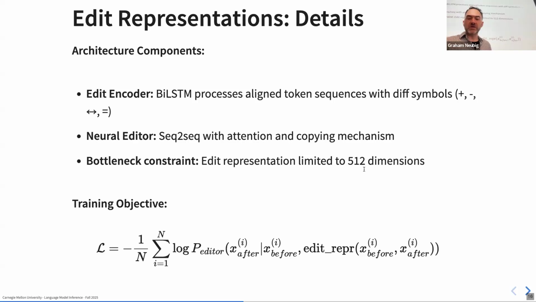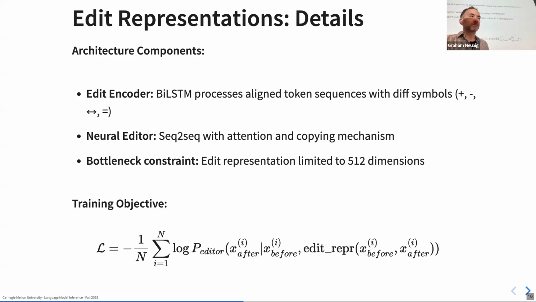And that edit representation is basically a 512 dimensional vector. And then based on that 512 dimensional vector, we feed in the before token and that vector, and we calculate the log probability of after. And so what that means is we need to smush as much information as possible into that 512 dimensional vector to tell the model what sorts of edits it should be doing.